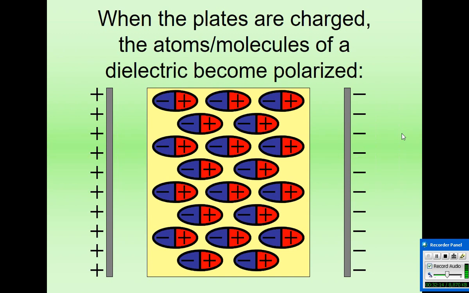So I can place the same amount of charge on the plates, but now I have less chance of this plate's electrical integrity being compromised through sparking. And in addition, we have this material in between the plates providing structural support. So it's a win-win situation.